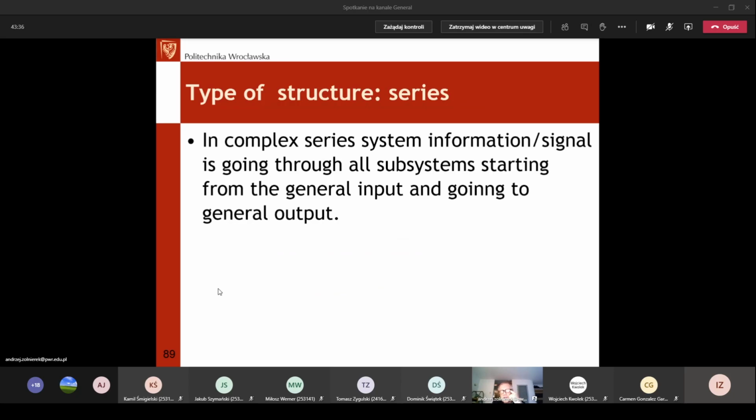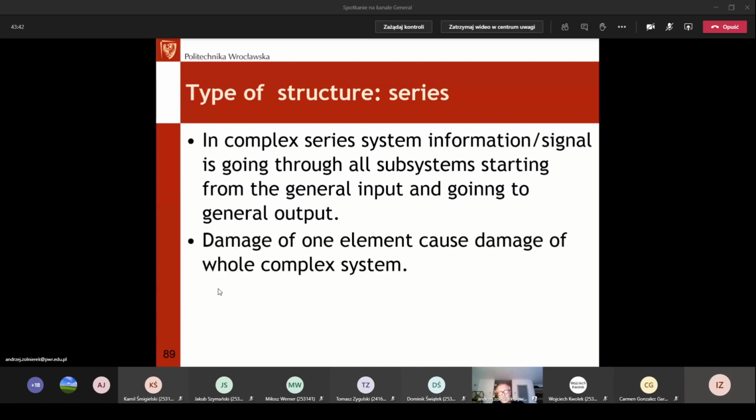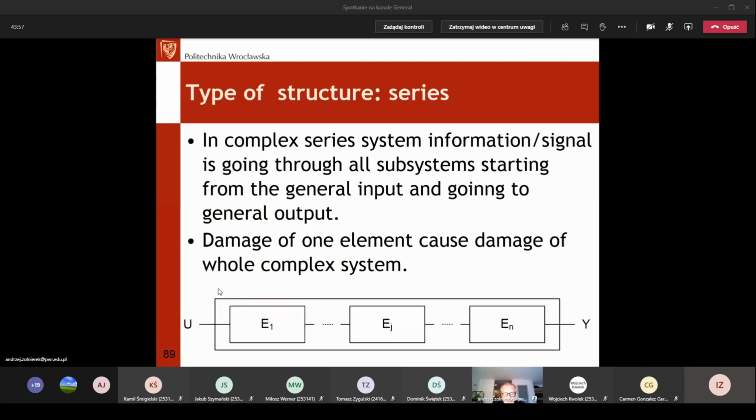So in this series structure, the signal is going through all of the elements, and of course, when one of these elements is not good, it means that the whole system works badly. The simplest case is when we deal with so-called SISO elements or systems, I mean systems or elements in which we have only one input and one output.